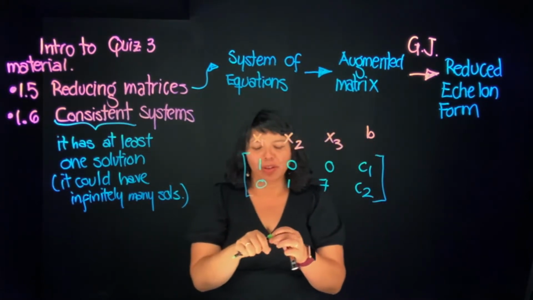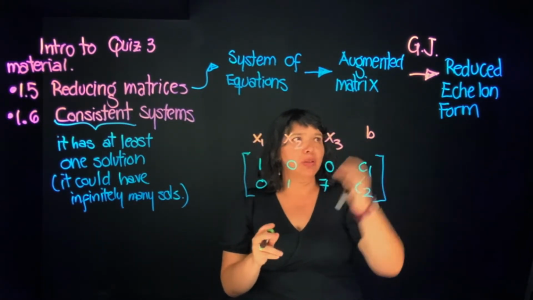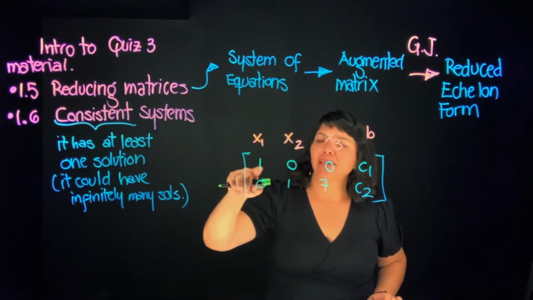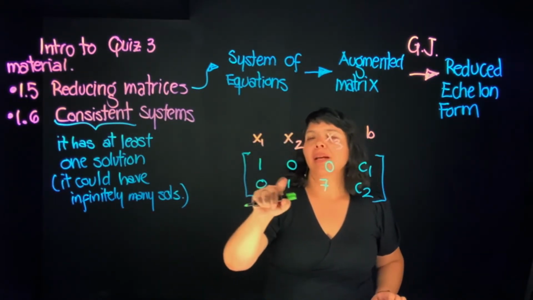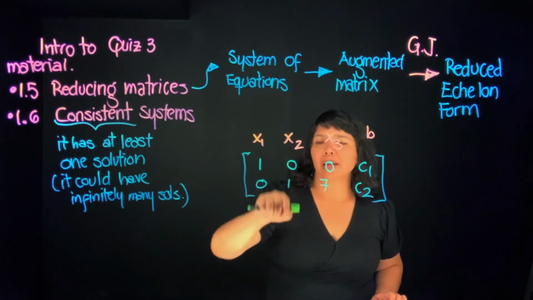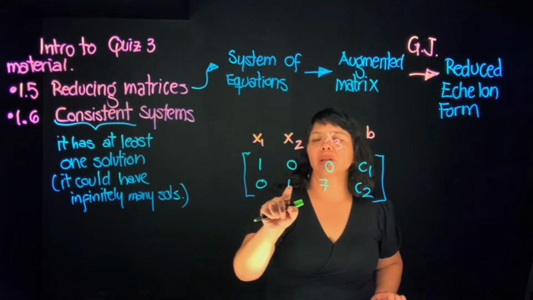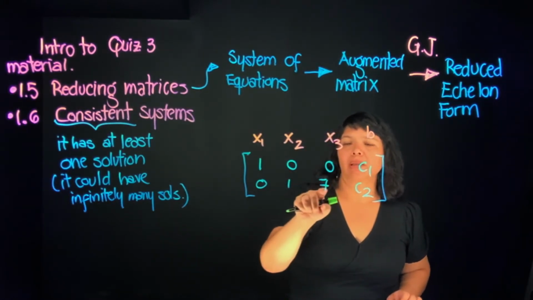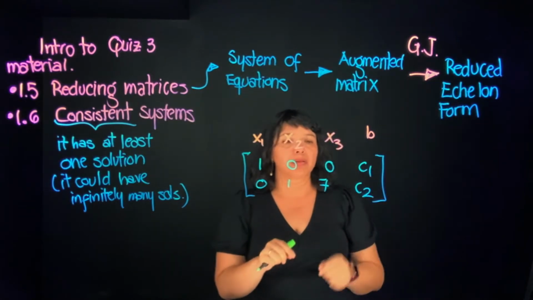The first question for you is, is this in a reduced echelon form? Yes or no? Well, you have a 1, you have a 0 underneath, and then you go to the diagonal, you have a 1 here, 0 everywhere else, so far so good. And then you cannot do much more about this. So this one is actually in its reduced echelon form.